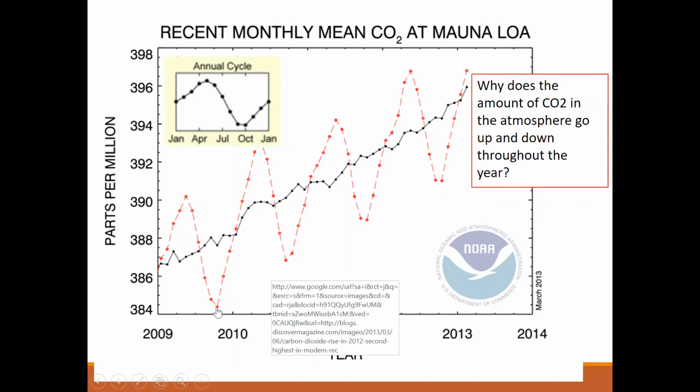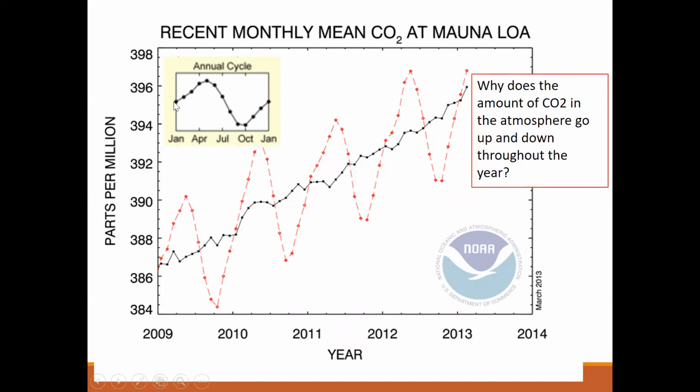When it's summer in the northern hemisphere, and we're going to talk about climate in the next lecture, so if that's a little confusing, hold on tight, we'll get there, you have more plants actively photosynthesizing and drawing carbon dioxide out of the atmosphere. When it's winter, it's the opposite. Here you can see the annual cycle: the lowest points are in September and October at the end of the summer, and then it turns, with the high points at the end of the winter.